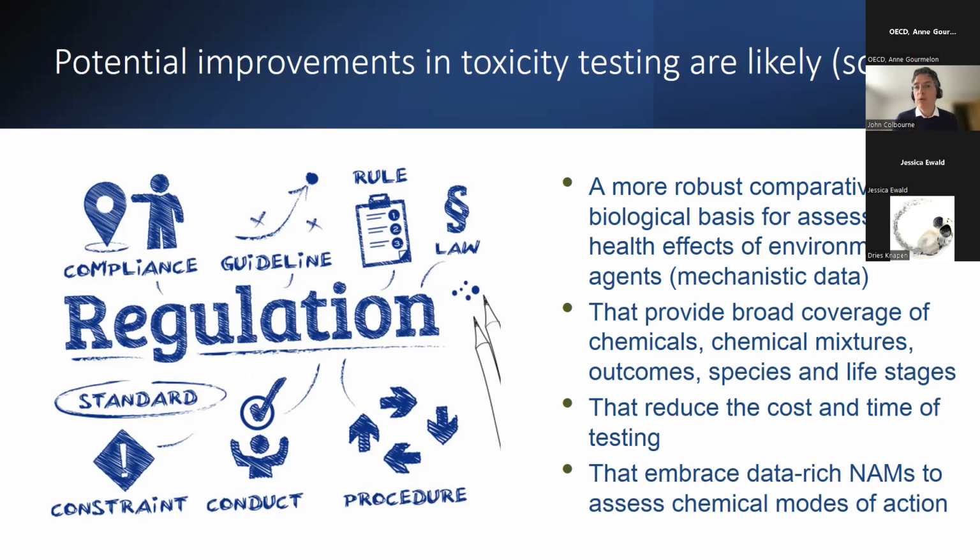We're looking for a more robust comparative biological basis for assessing health effects of environmental agents, using mechanistic data to provide a broad coverage of chemicals, chemical mixtures, outcomes, species, and life stages. And this, of course, is helped a lot by the AOP framework, and to reduce the cost and time of testing. And finally, to embrace these data-rich new approach methodologies to assess chemical modes of action and to act upon that knowledge. That's all I have for us today.